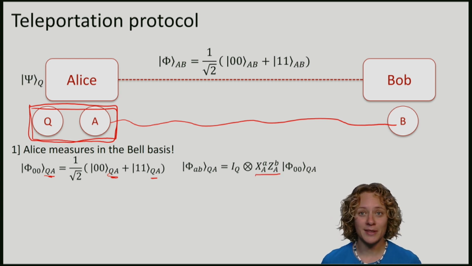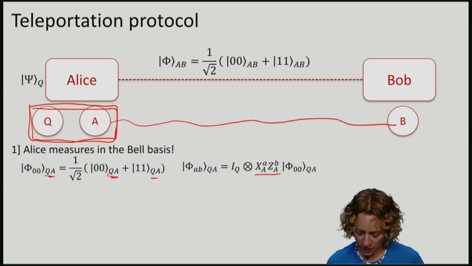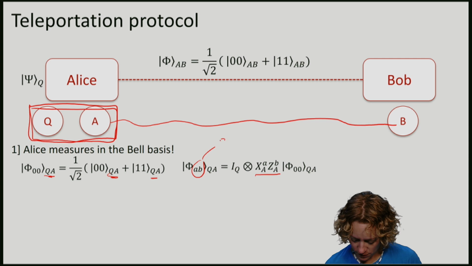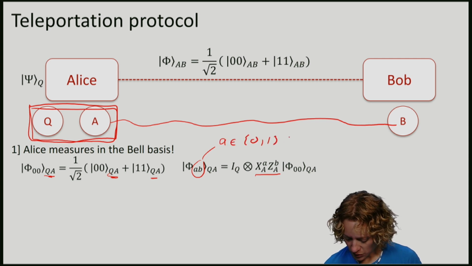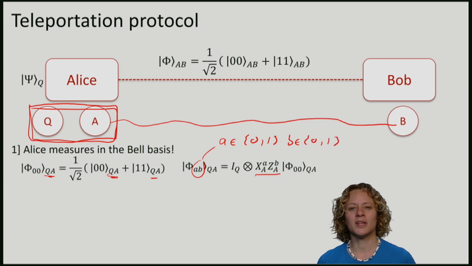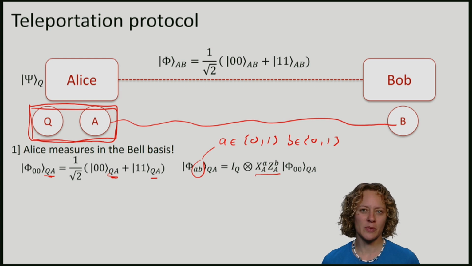I will hence label them using the bits A and B, which indicate which Pauli operations we apply.